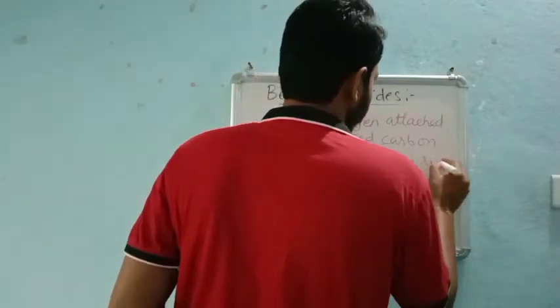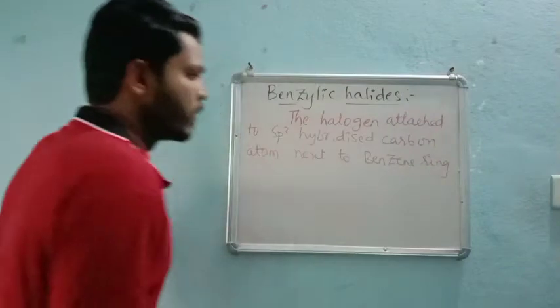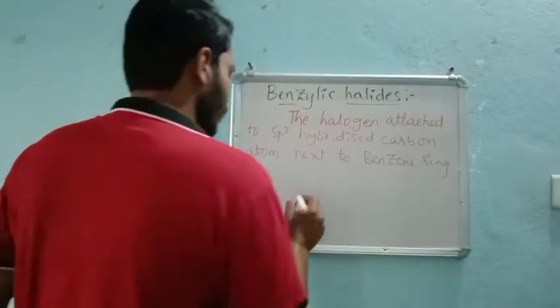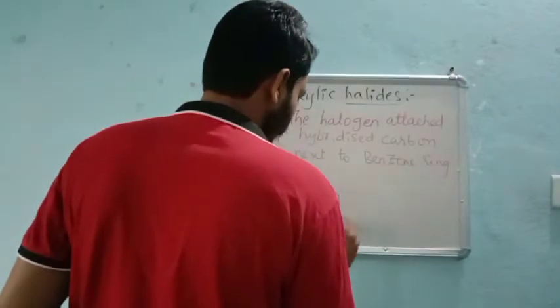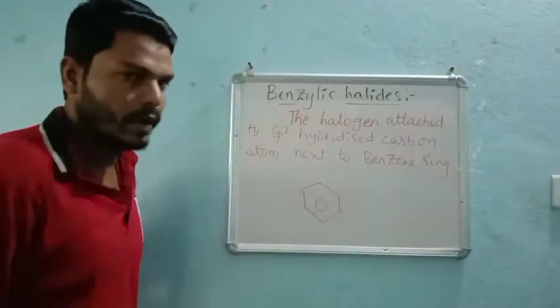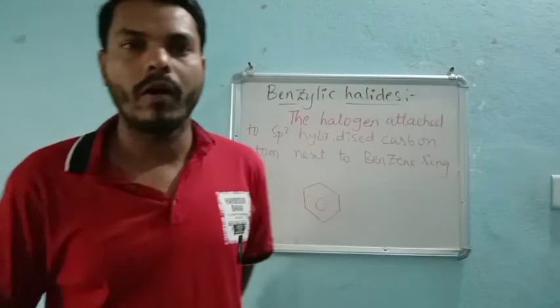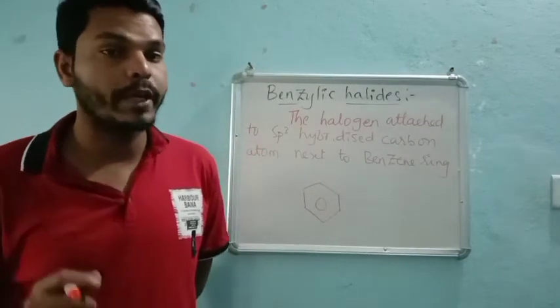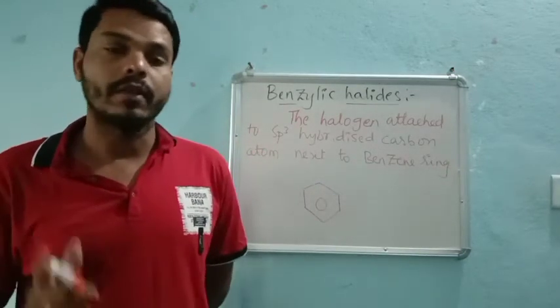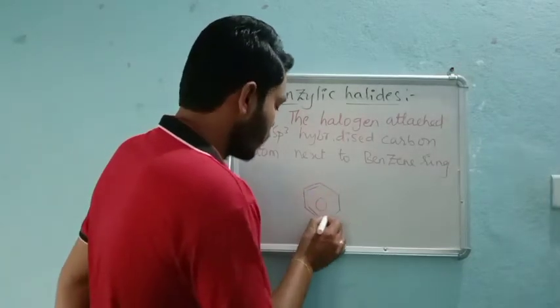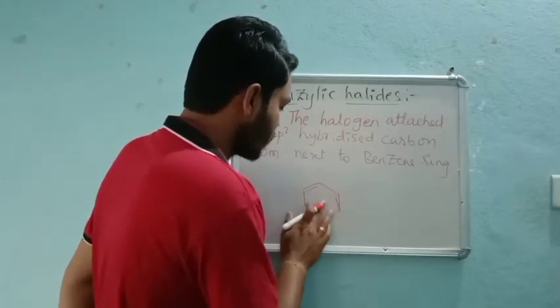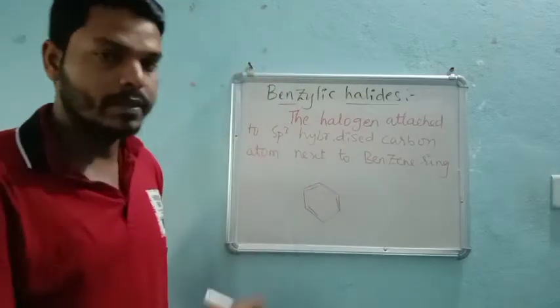Next to the benzene ring. So in this condition, there must be a benzene ring. And in benzene, we already know all the carbon atoms are sp2 hybridized. Don't forget, in first year itself we saw why: because there is a double bond like this. Always there is a double bond in the benzene ring.